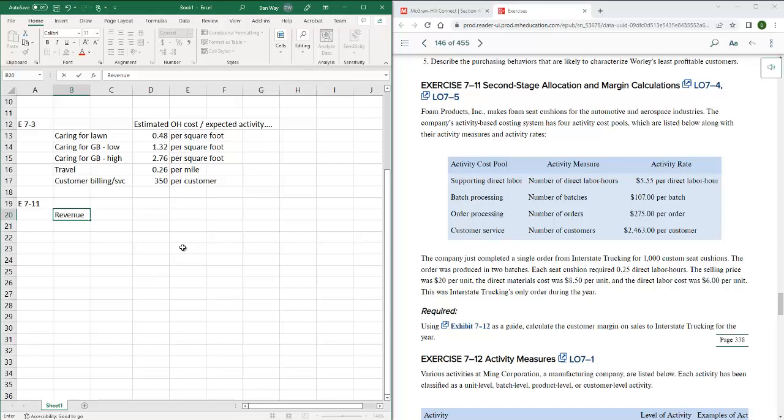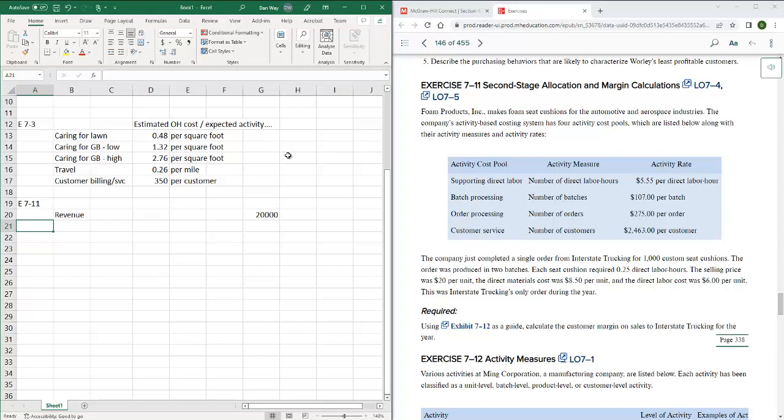So let's figure out what our sales revenue was from this customer for that period. They purchased 1,000 custom seat cushions, and that was their only order for the year. And we sold these things to them for $20 per unit, on average. So revenue from that customer is $20,000.